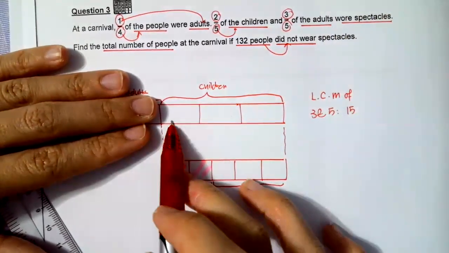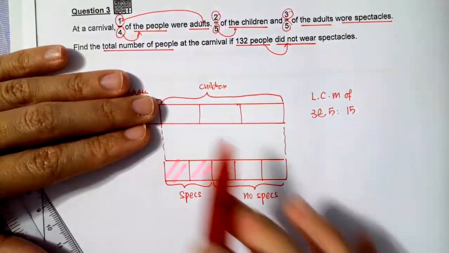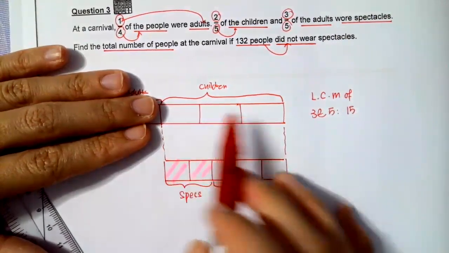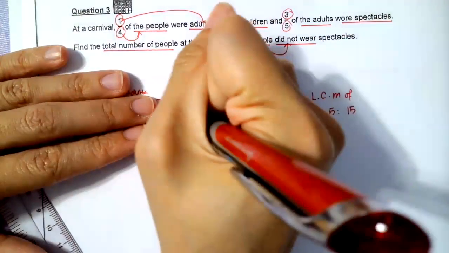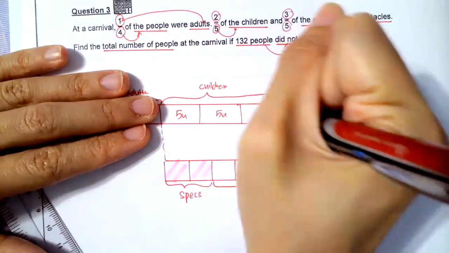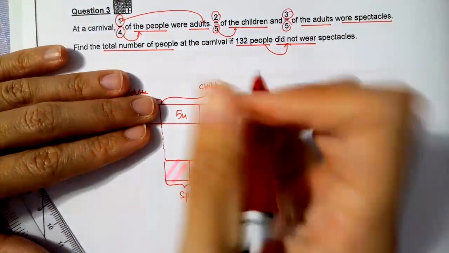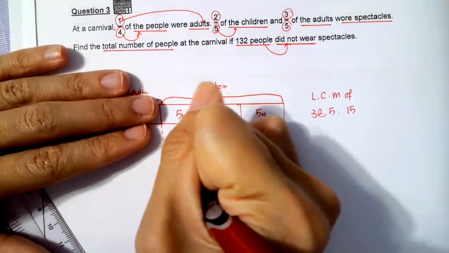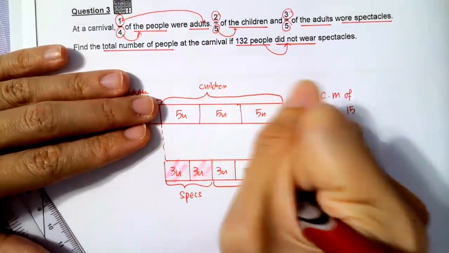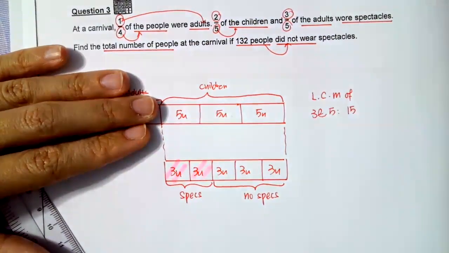I want to have 15 units on top and 15 units below. To get 15 units on top, 3 times 5 gives me 15. So I'm going to put 5 units inside each box to get 15 units. And to get 15 units below, 5 times 3. So in each one I put 3 units. Okay. So they're equal now.